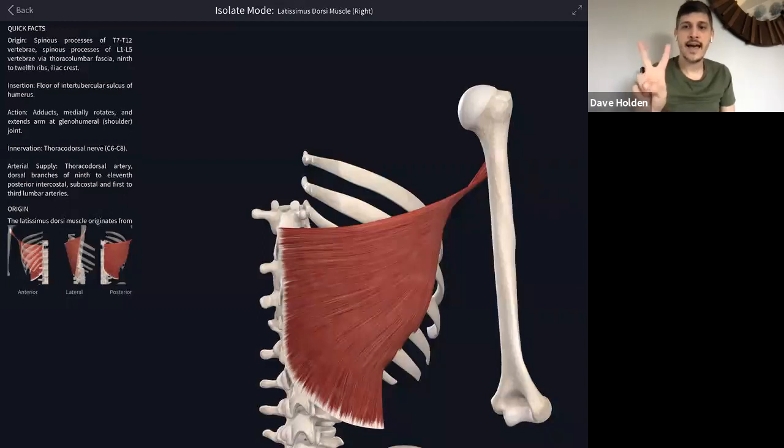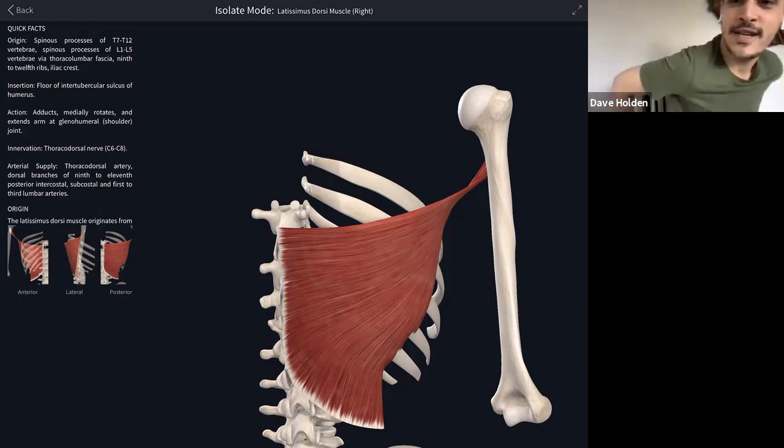Latissimus dorsi and teres major. Remember, those two are the old married couple. They are complete synergists to each other. They do everything together. Those were also the 2 muscles that put you in the handcuff position. Remember, like if you're getting arrested: extension, medial rotation, and adduction.